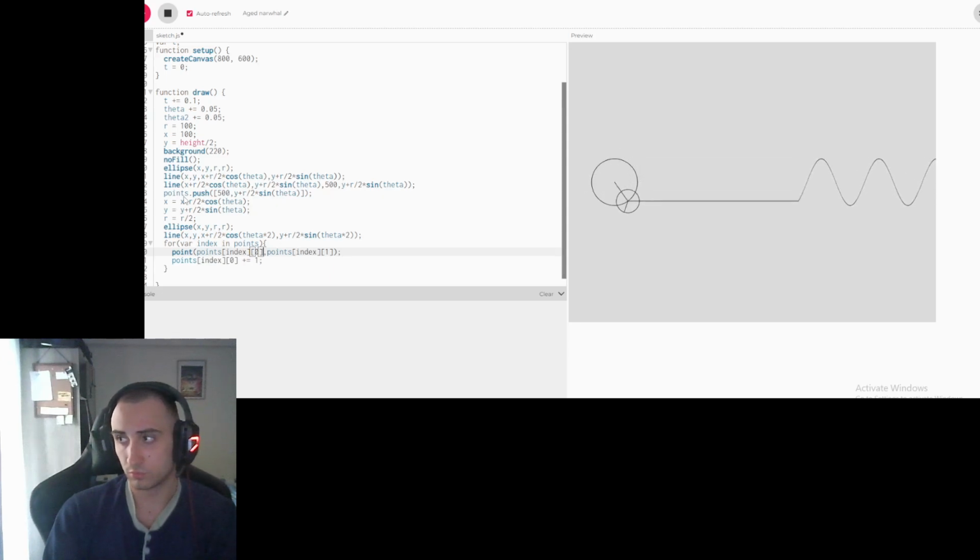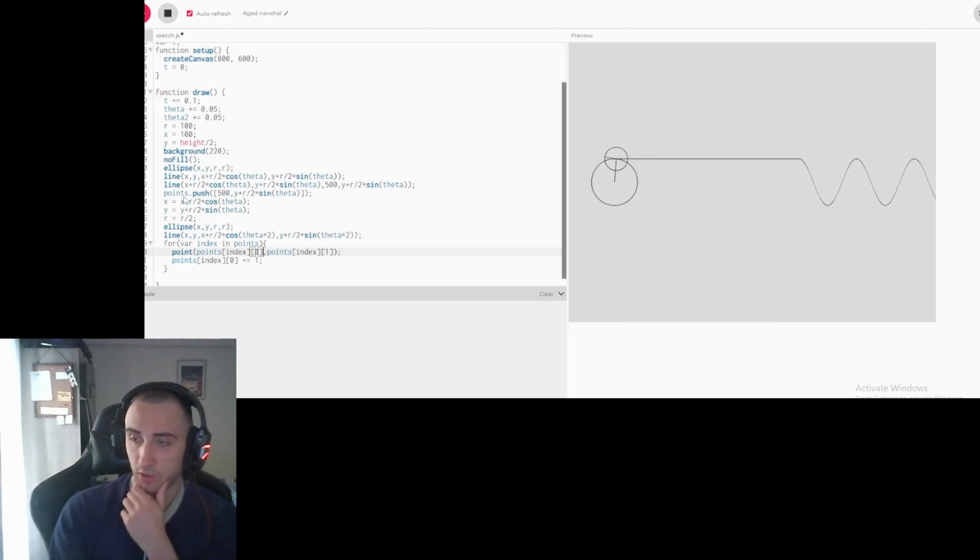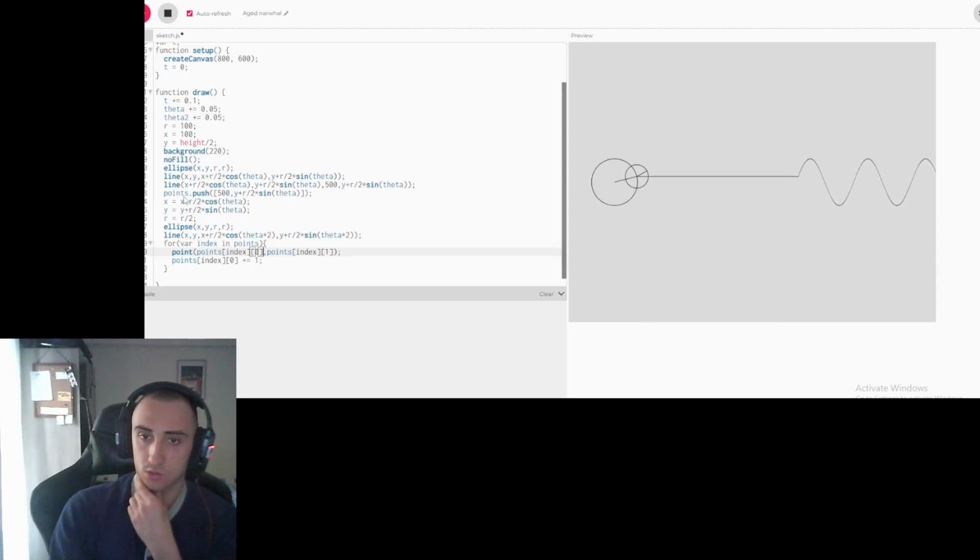However, I honestly, wait a minute. So I should be sorting everything, because I need the bigger circle to be, actually no, I don't need the bigger circle to be outside.